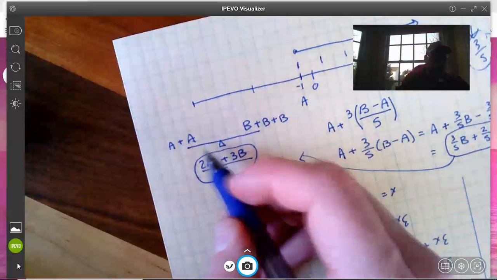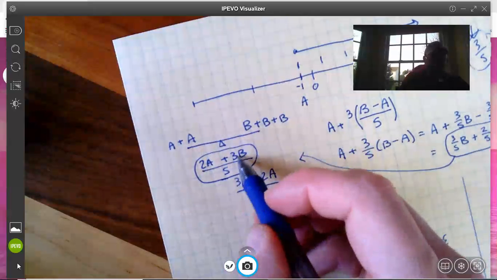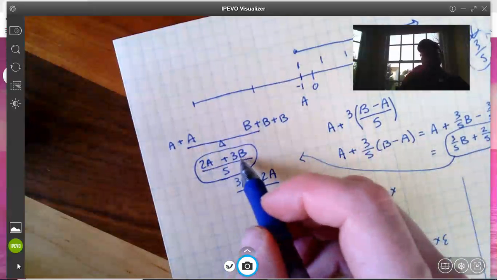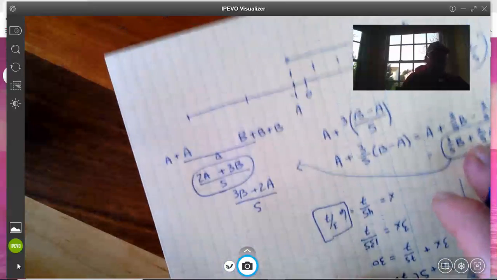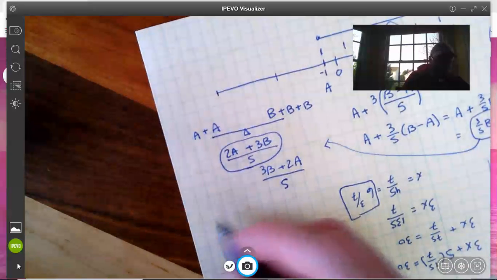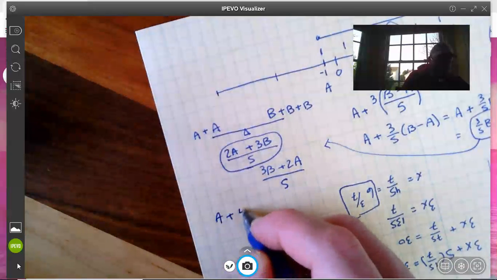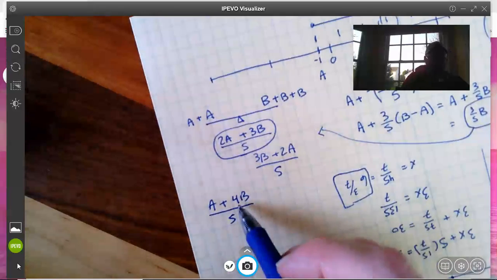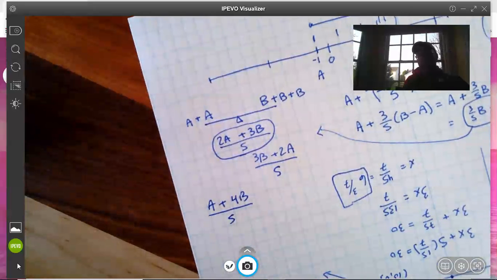In fact, it's going to be 3/5 of the way from A to B. If I were to switch this up and do (A plus 4B) over 5, I'm going to get something that is 4/5 of the way over towards B. Much heavier on the B side.